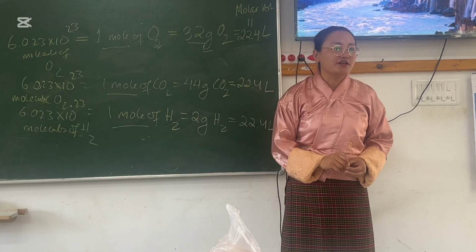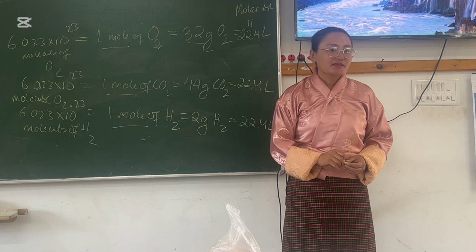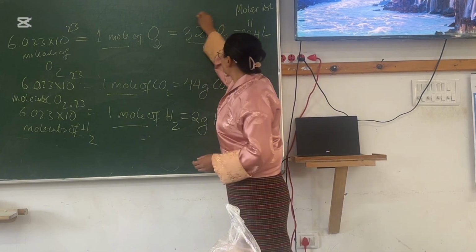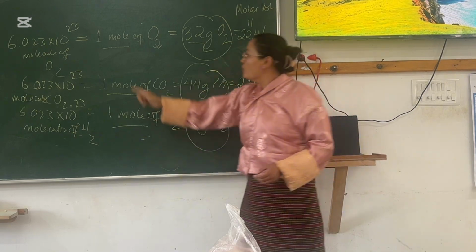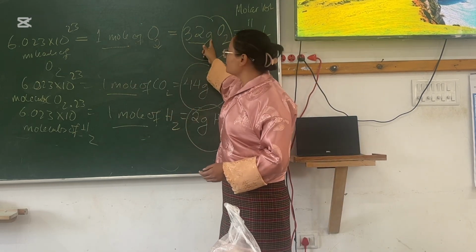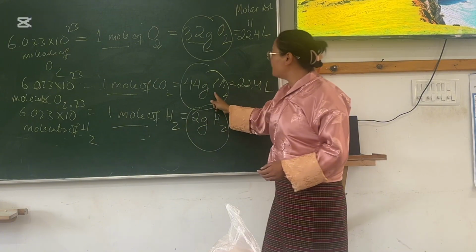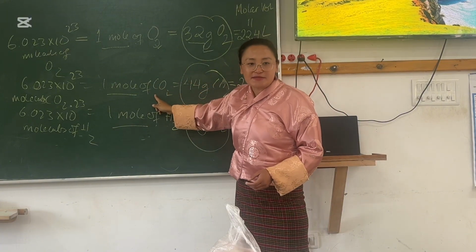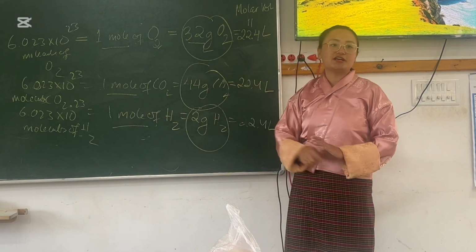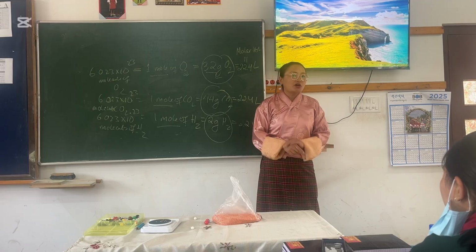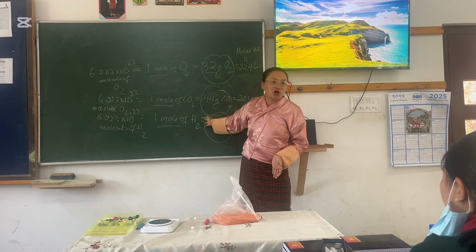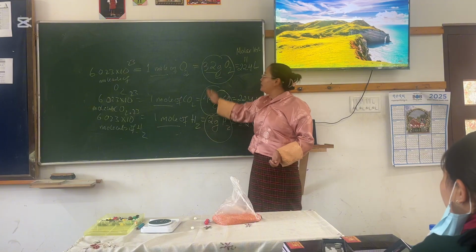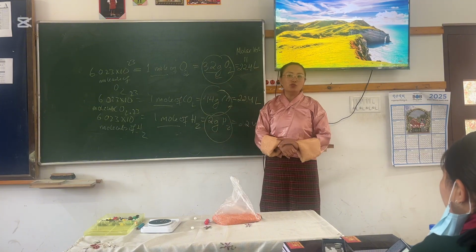So what is different here? Grams, meaning the mass is different. 1 mole is 32 grams of oxygen, 1 mole is 44 grams of CO2, 1 mole of hydrogen is 2 grams. Because different substances have different atomic weights and different molecular mass. But they all represent 1 mole.